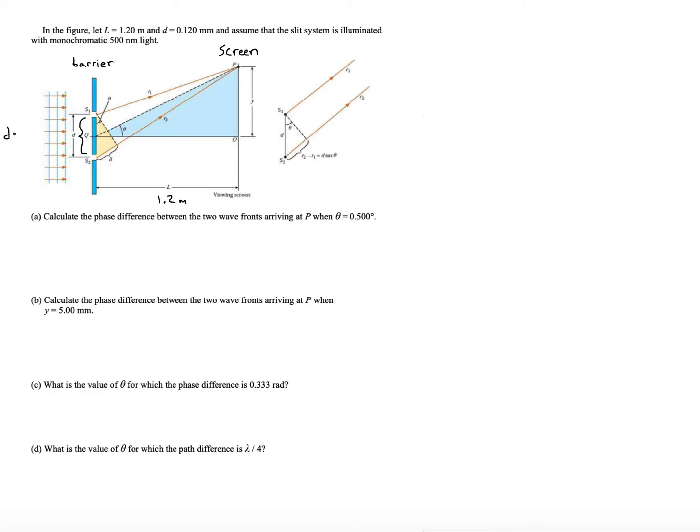The separation between the slits is 0.12 millimeters. And we have a wavelength of light of 500 nanometers.